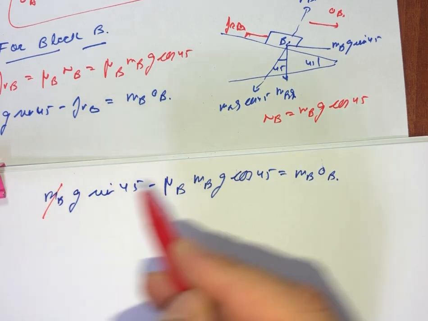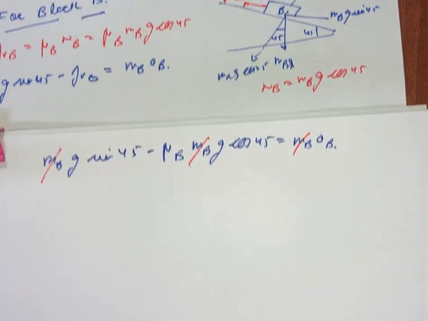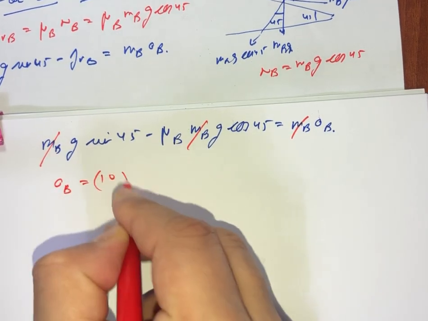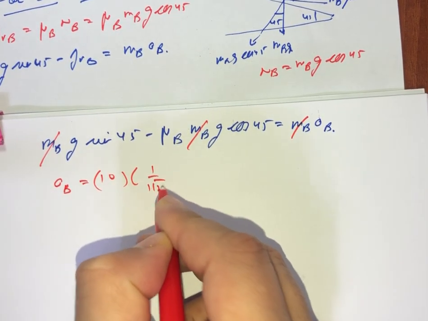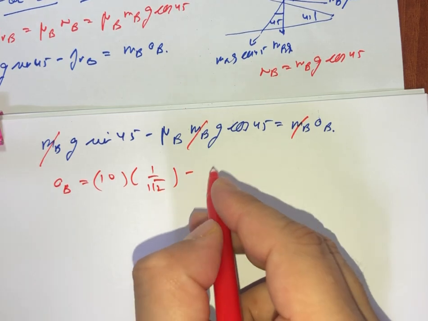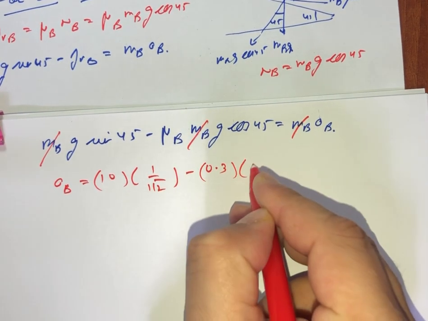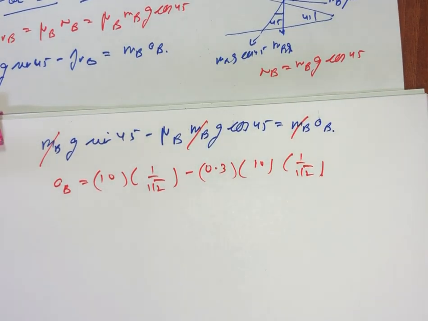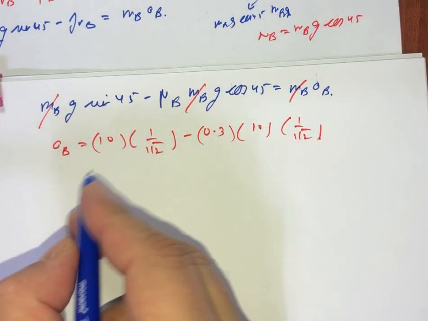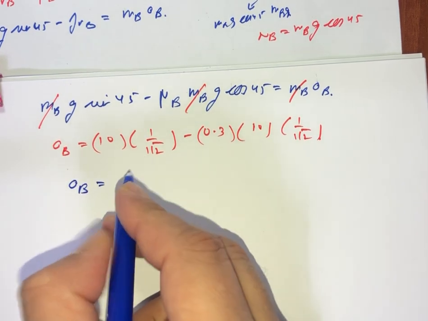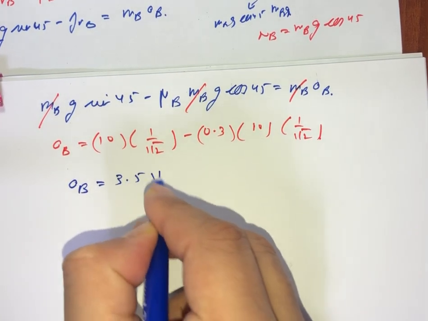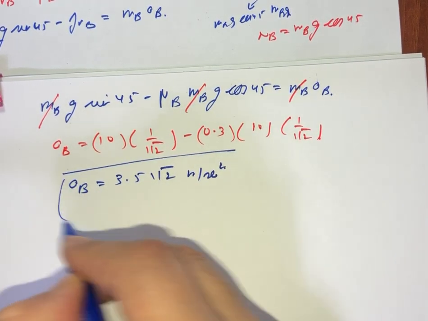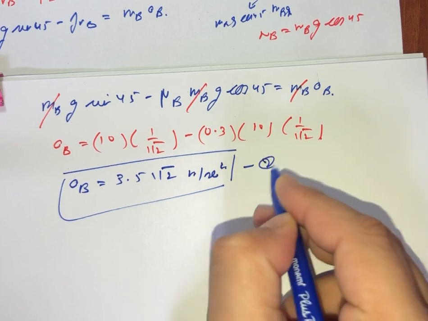MB is cancelled out throughout. So we can say acceleration of B equals G, which is 10, sine 45, 1 by root 2, minus mu B, which is 0.3. So we get our acceleration of B equal to 3.5 root 2 meter per second square. This is equation 2.